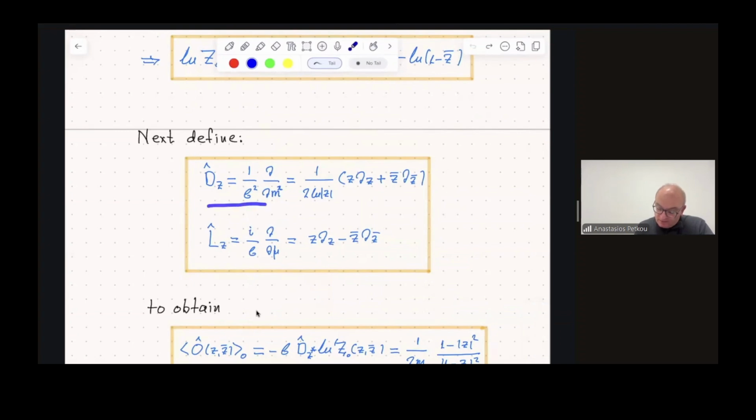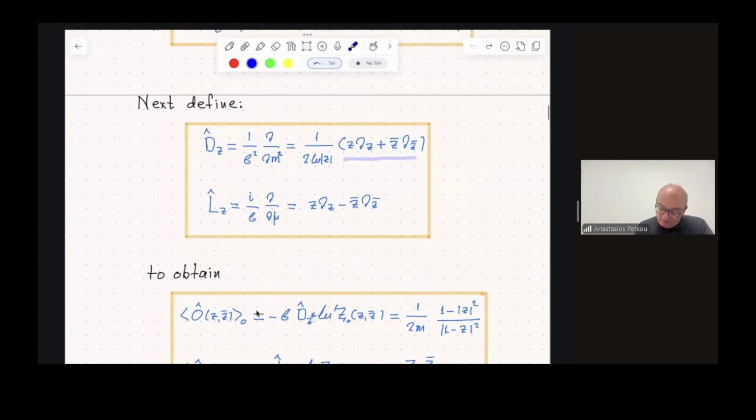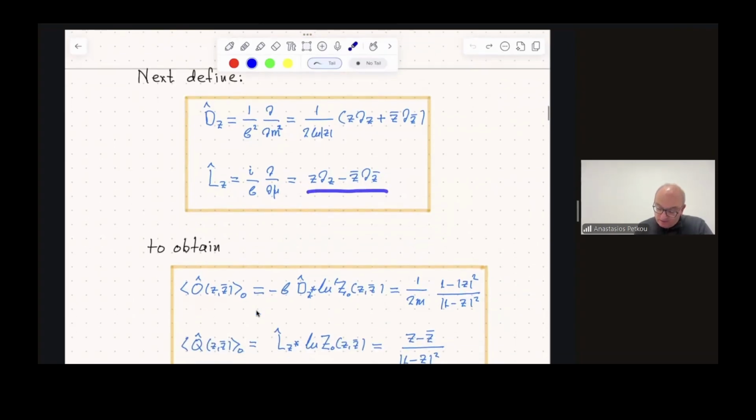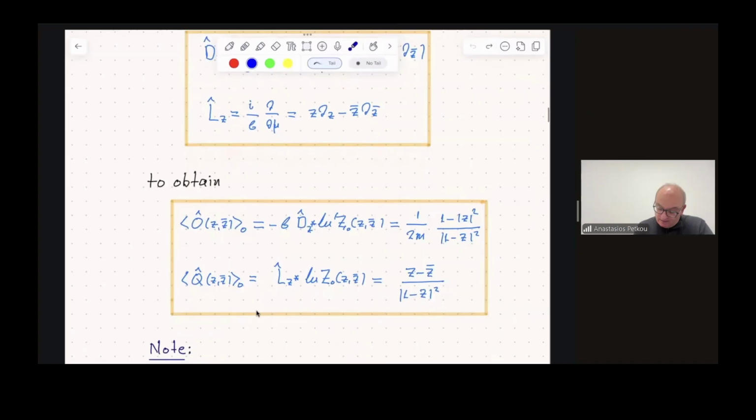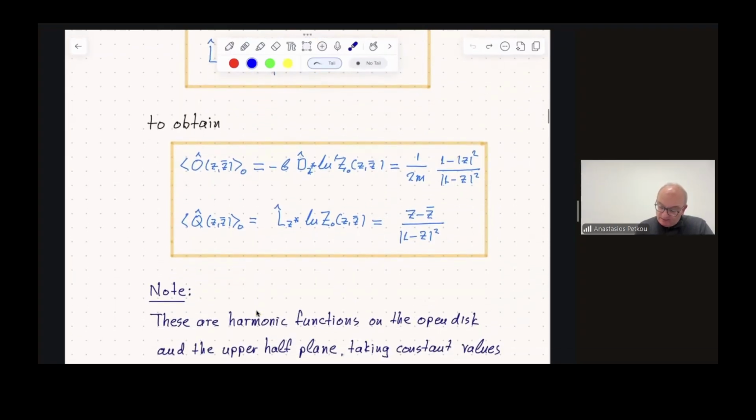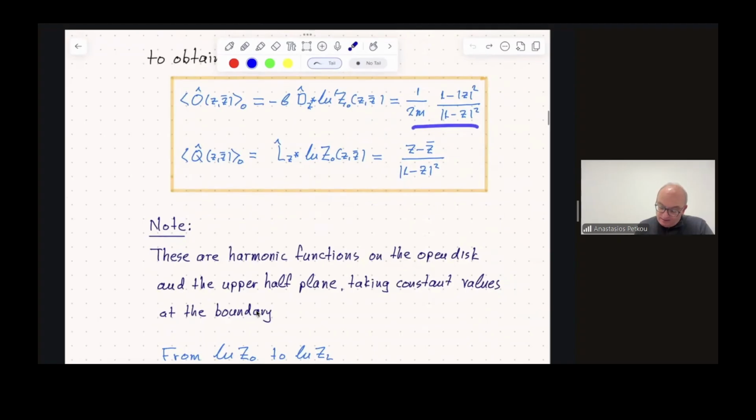And written in terms of the z variables, again, it has a very interesting form. If I wanted to define the expectation value of the Q operator, then this is the form of this operator. So these are two operators that it would be nice to have in mind. And again, if I want to define this expectation value, I take the derivative of the logarithm and I find something. Again, the expectation value of the Q operator, I take the derivative and I find something else.